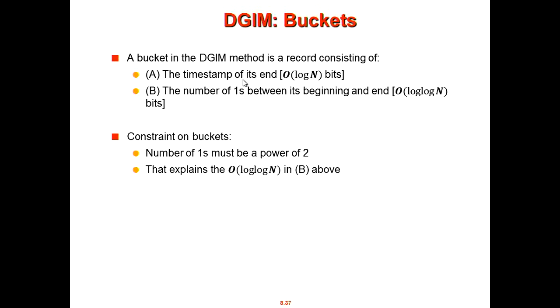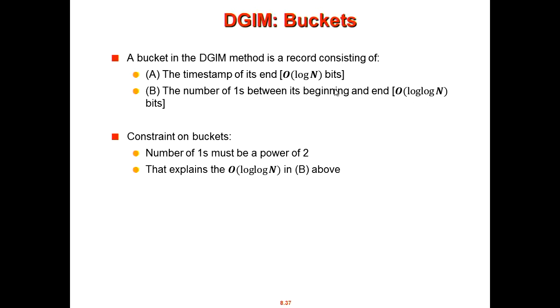Okay, so we have one time step to record the end of this bucket, and another value is the number of ones between its beginning and end. So the number of ones within this bucket, how many ones are contained. This is log n bits for the space cost of the time step, and for the number of ones, it's log n bits.